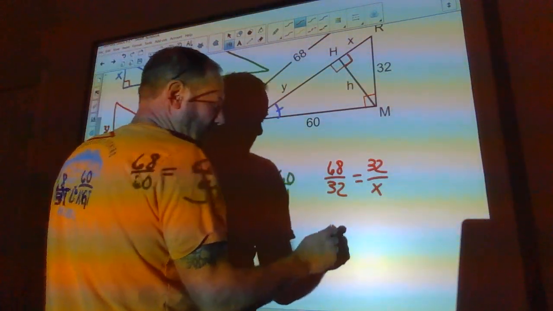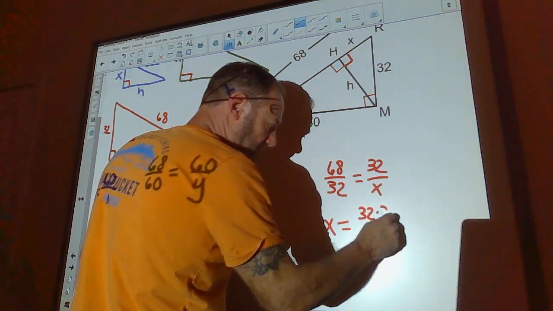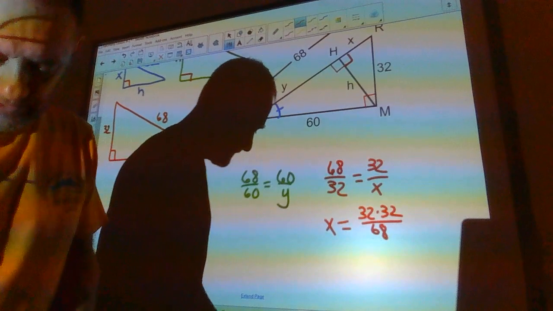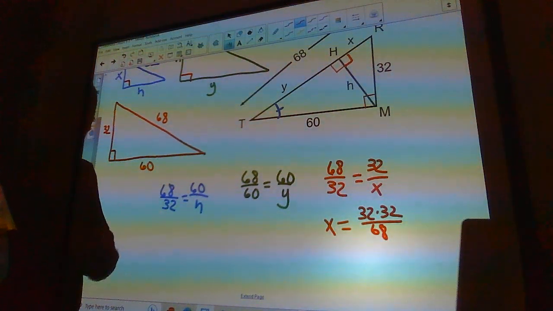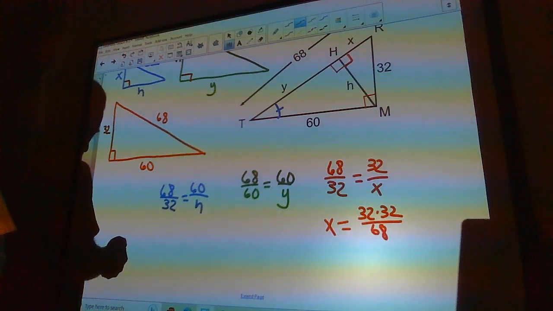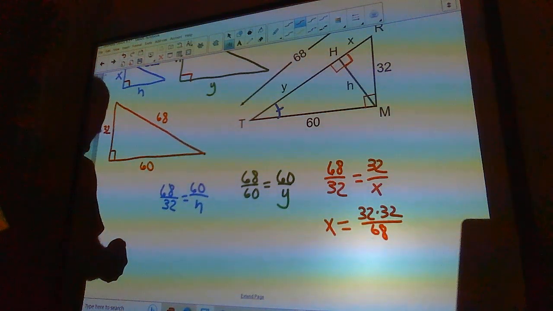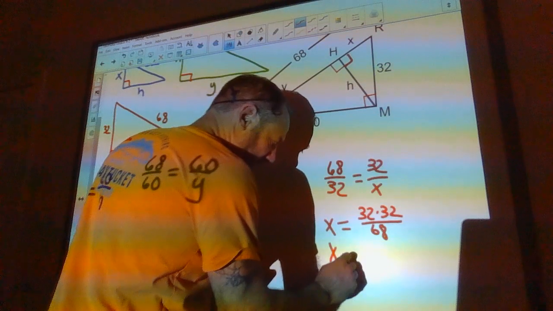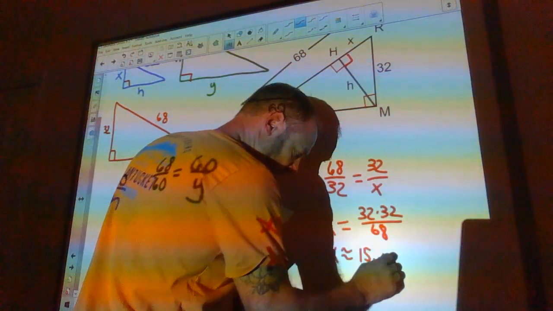Very simply, x here is going to be 32 times 32 divided by 68. So let's get out our calculator and calculate that. 32 squared divided by 68 is going to be 15.05 approximately. We'll say 15.06.